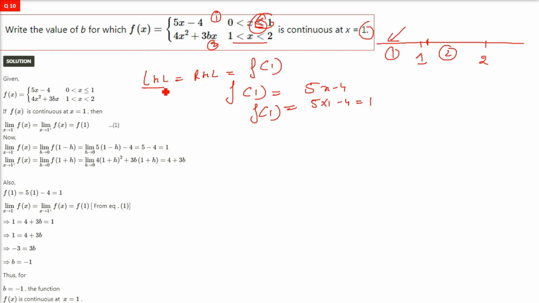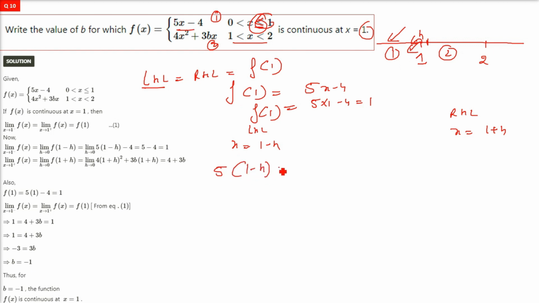Let's find out LHL. Since the point is 1, we'll take left hand side as 1 minus h, and right hand side as 1 plus h. So x is equal to 1 minus h on the left hand side, 1 plus h on the right hand side. We are just going a point below and above, where h is very small, equivalent to 0.